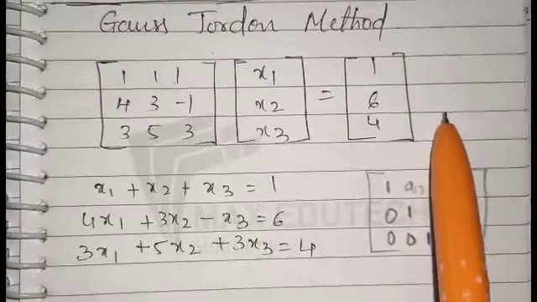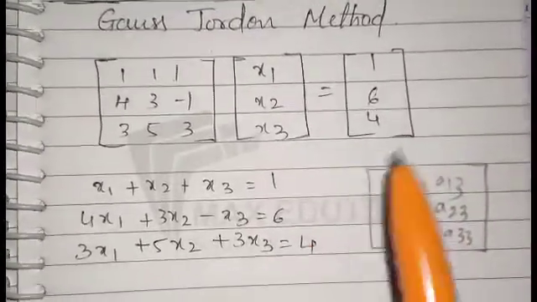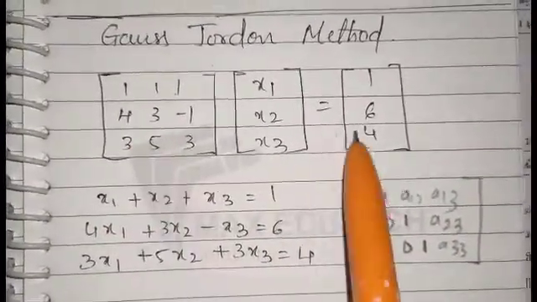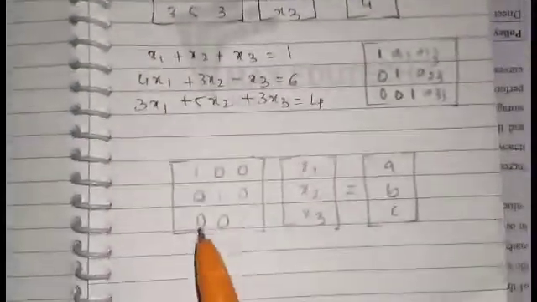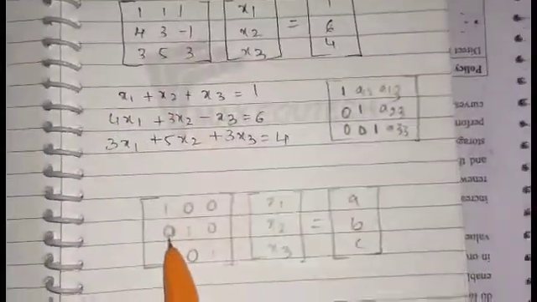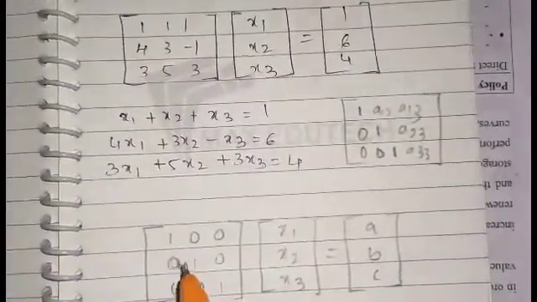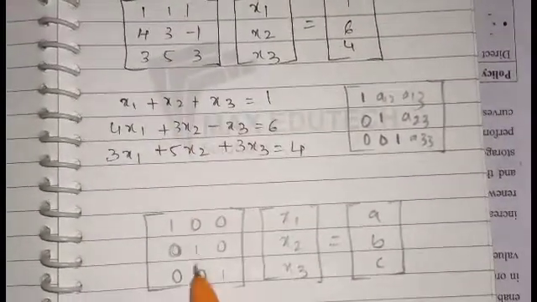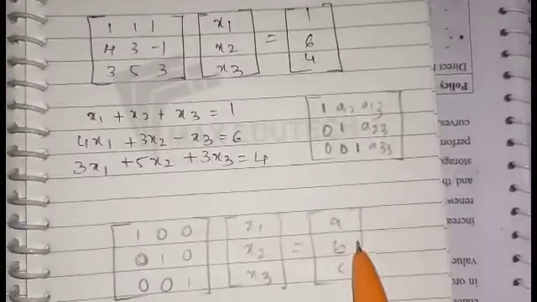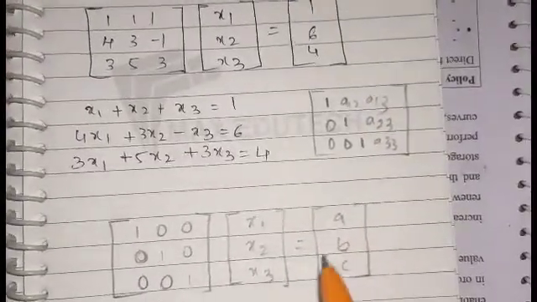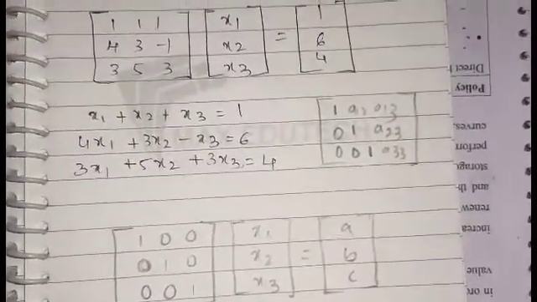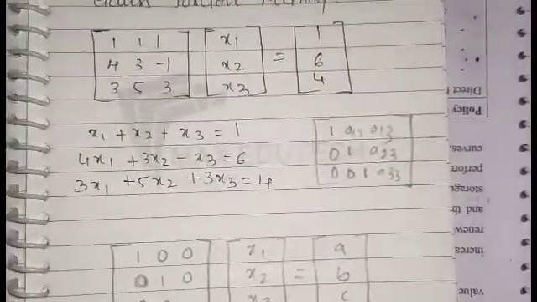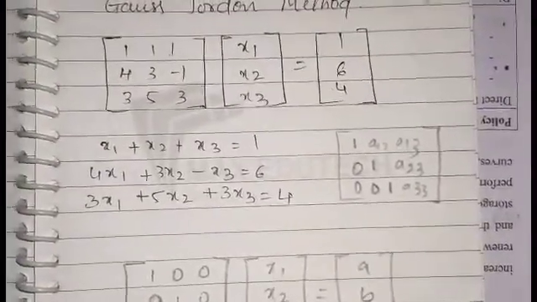Once you have done this, you should proceed to convert this matrix into this matrix. When you finally convert this matrix A into this form, simultaneously whatever values you get here will become your solution. So let us see by taking an example. I am going to solve this example.